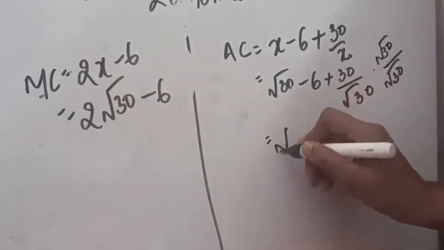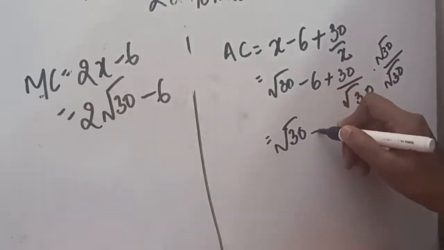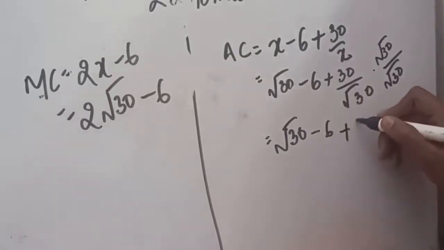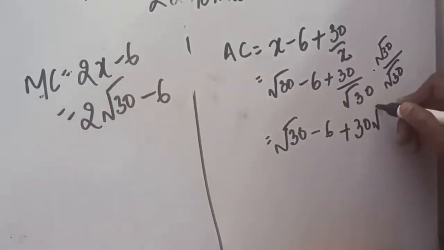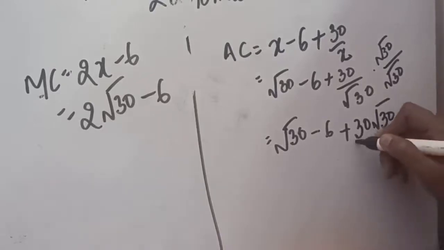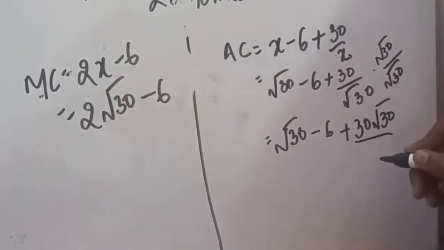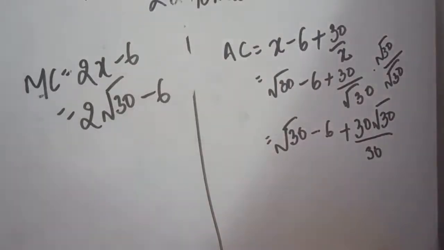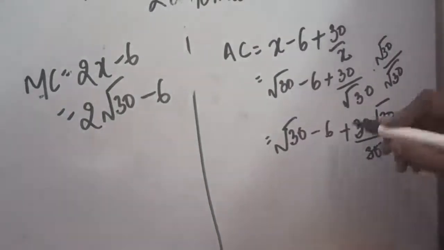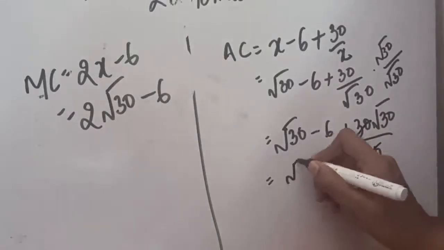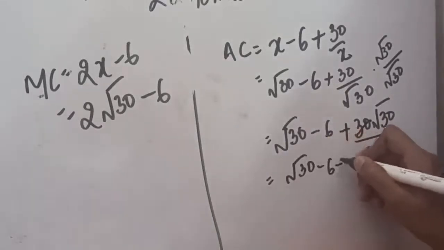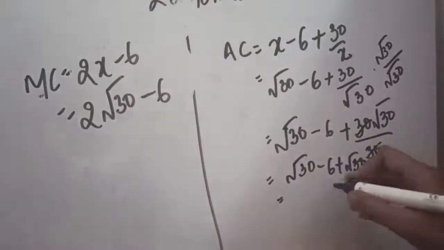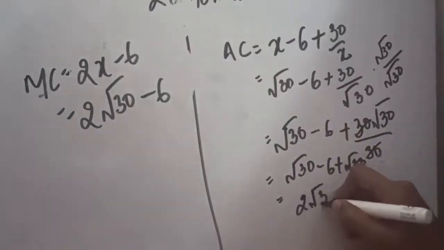So what we will get is 30 minus 6 plus 30 root 30 divided by 30. So this 30 can be cancelled. So it will be root 30 minus 6 plus root 30. So this is same, we can add it. It will be 2 root 30 minus 6.